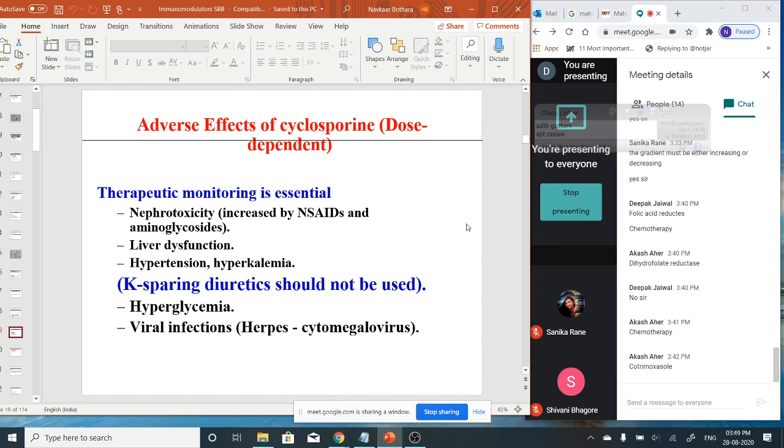Then it should not be used in liver dysfunction or hypertension, and hyperkalemia monitoring is essential. Potassium sparing diuretics should not be used with it. Then in hyperglycemia and in viral infections it should be used carefully.